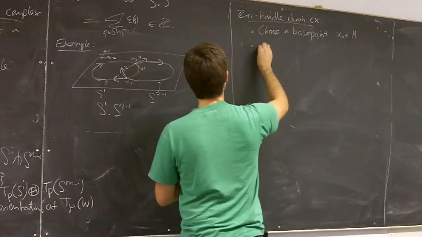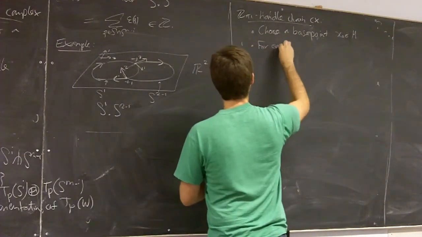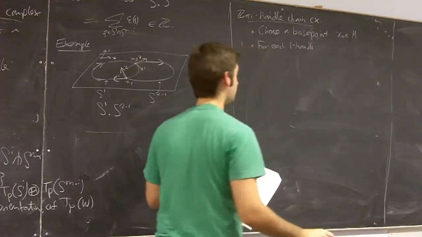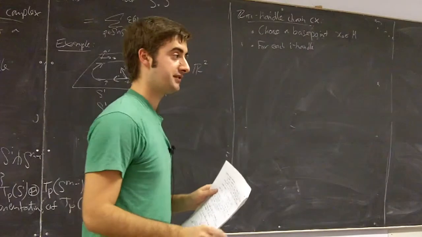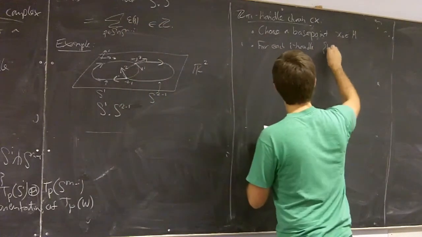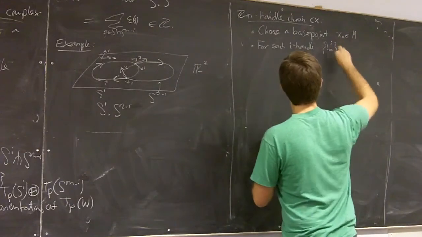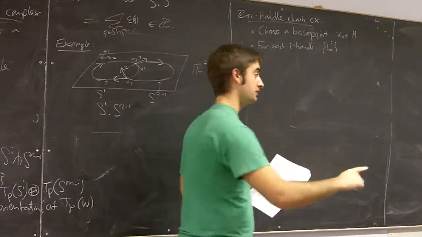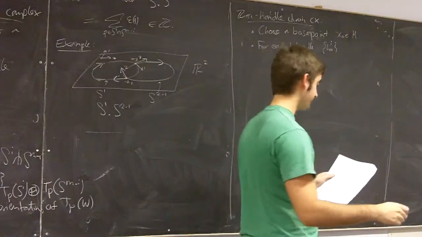And then for each I handle, each handle gets a threading. Now, what I mean by that is we choose a path from our base point to the center of the handle.